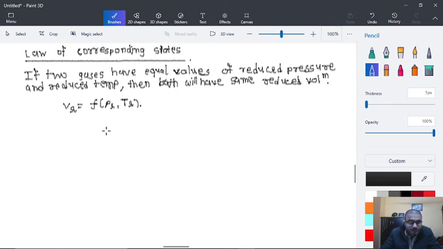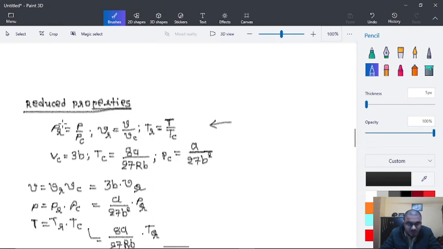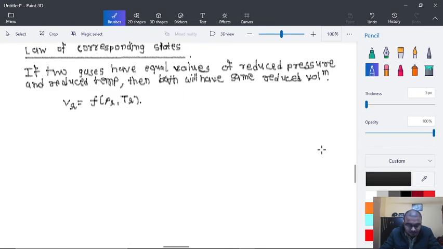Here what we are going to do is utilize the previous relation of reduced properties, that is we are going to use this relation again, and let us write down the function of PR, VR and TR equal to 0.